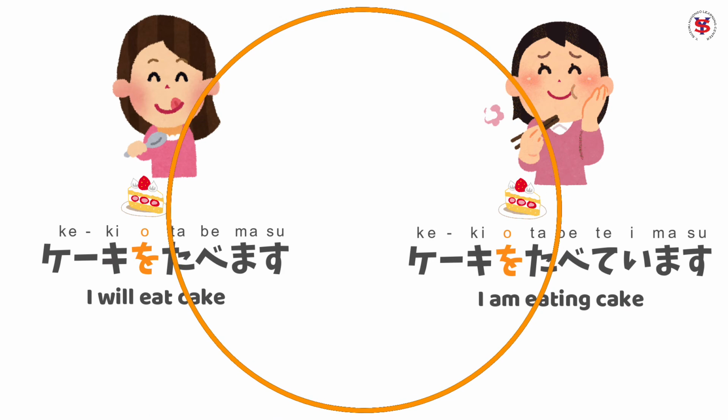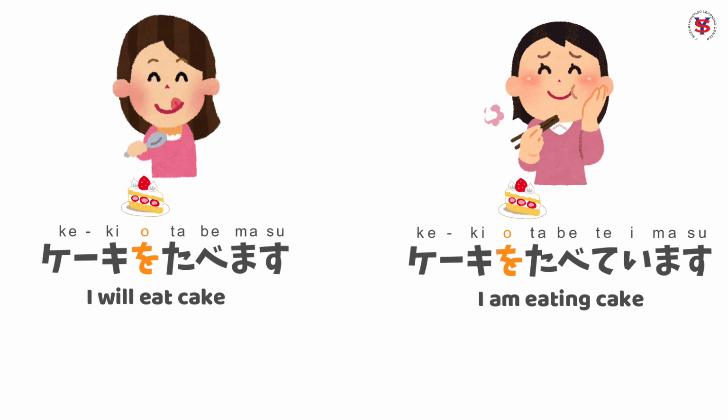Ang halimbawa ng verb te imasu in English ay ang ating verbs na may ing sa dulo. So that's words like eating, playing, drinking, at iba pa. So napakadali lang nito. May dalawang sentence akong ipapakita sa inyo para makita natin kung ano ang kaibahan nila sa isa't isa. So we have keiki o tabemasu.